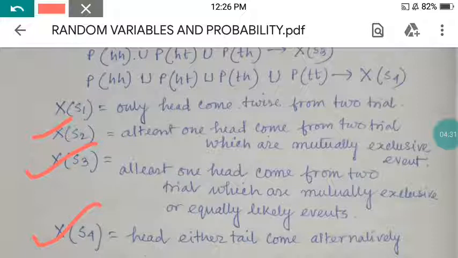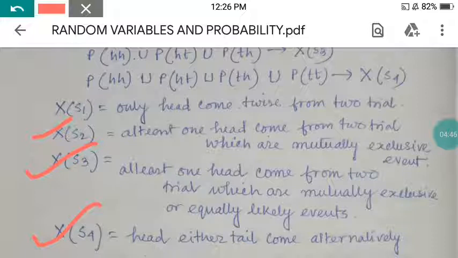The mutually exclusive cases only come once if all these probable results are summed up. So obviously we will be getting P of HH union P of HT union P of TH union P of TT, all the probable cases.